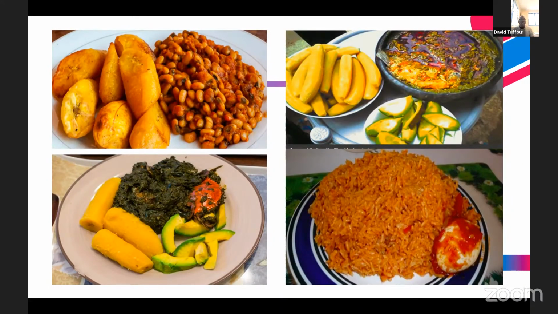So the similarity is West Africa, Ghana inclusive. We have a certain trend of eating, a certain meal pattern, and that pattern is that the staples are the bulk of the food. So if you interview or interact with a typical Ghanaian man and ask them what they eat, they are likely going to mention the staple first.